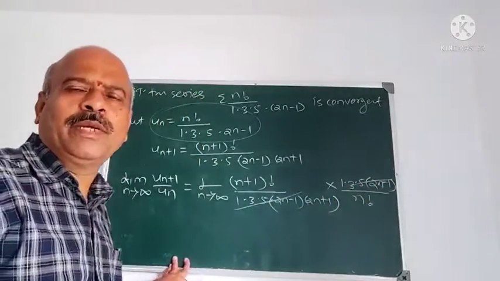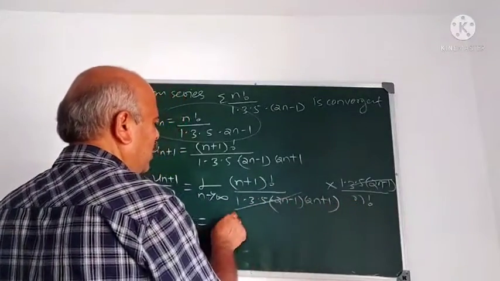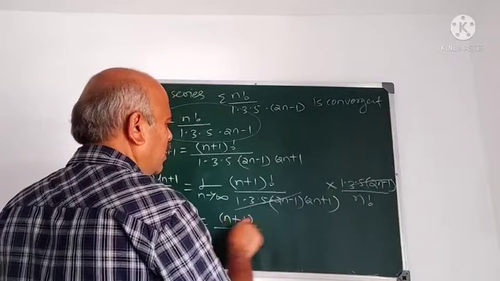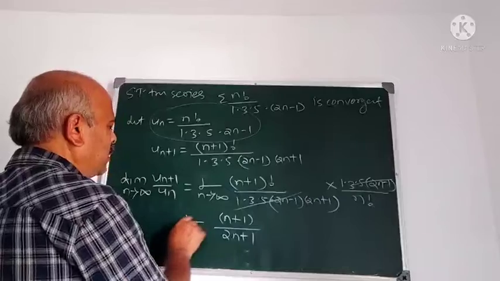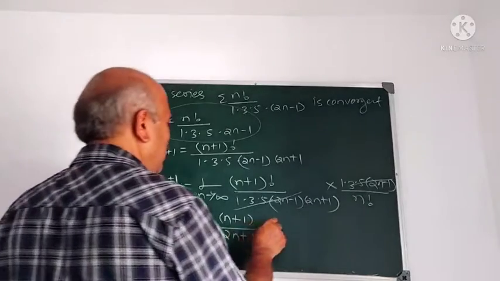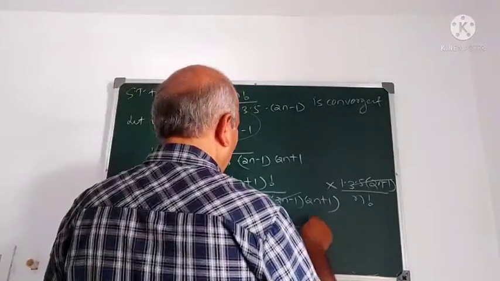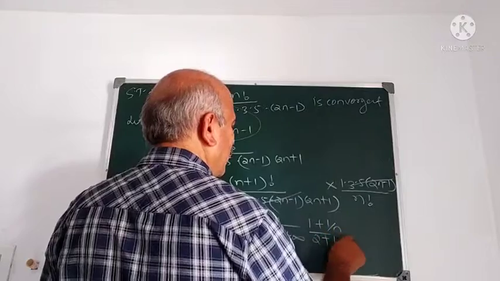Convergence or divergence depends on that limit. (n plus 1) factorial by n factorial is n plus 1, so we get (n plus 1) upon (2n plus 1). Now the limit as n tends to infinity of this is the limit of (1 plus 1 upon n) divided by (2 plus 1 upon n).